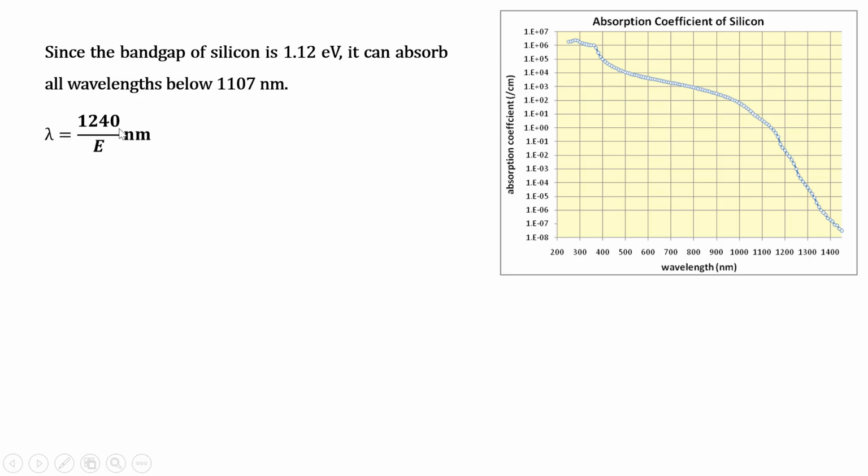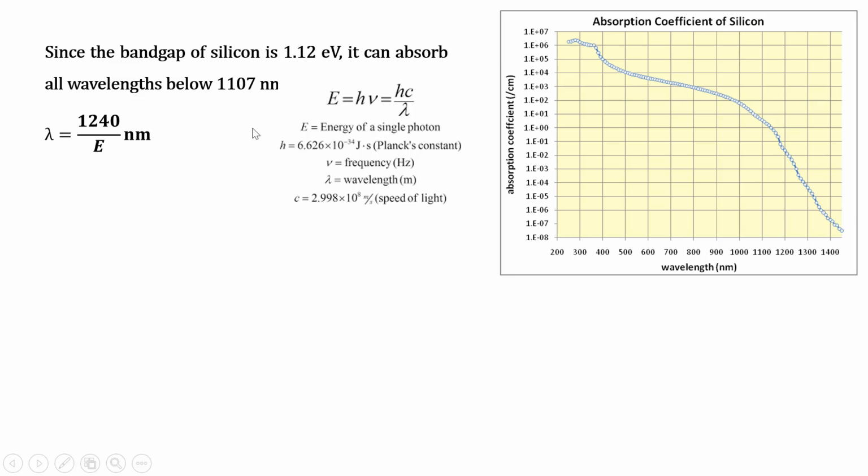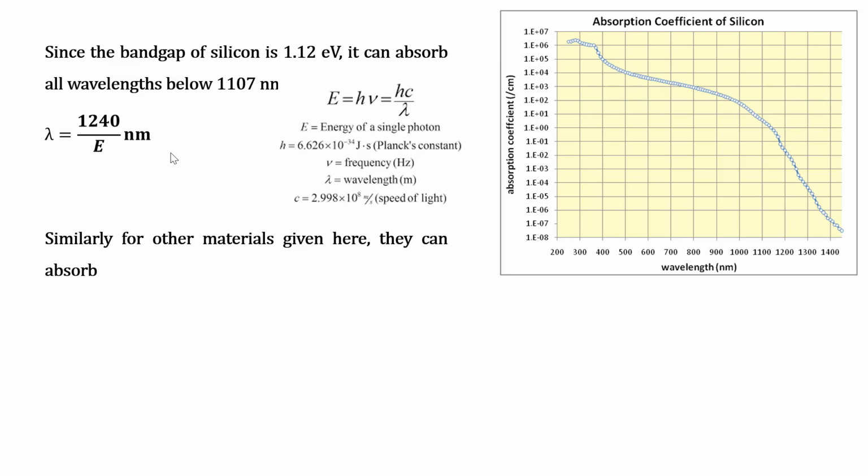So lambda in case of silicon will come approximately to what value? 1240 divided by 1.12 is approximately 1107 nanometers. So this 1107 nanometers is our threshold.